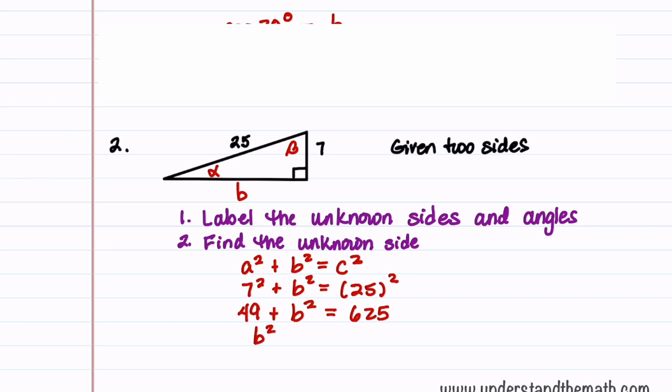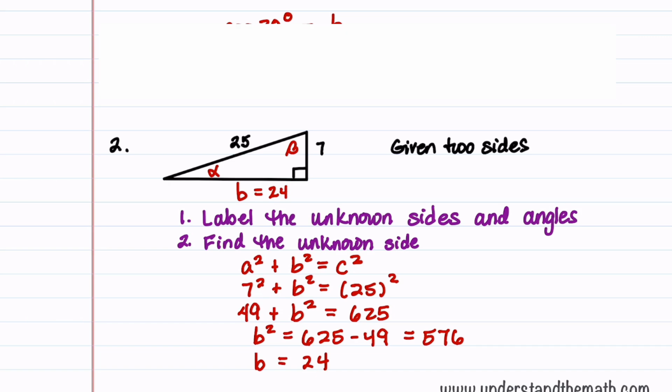So B squared is 625 minus 49, which is 576. And that's actually a nice number because the square root of 576 is equal to 24.